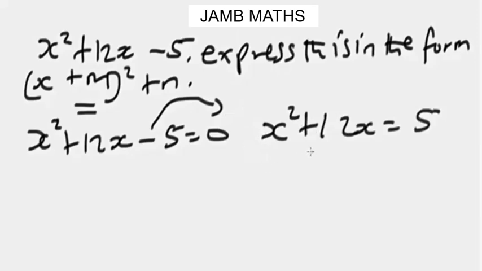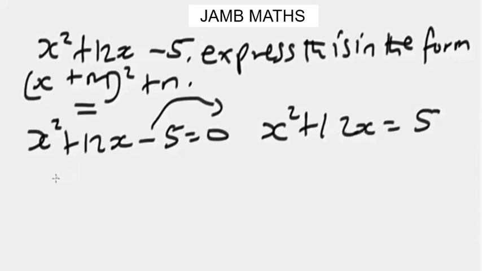Next, we're going to take half of the coefficient of this middle term, 12x, and square it.